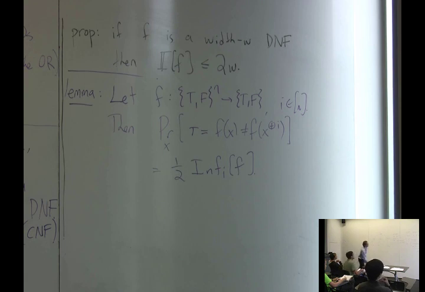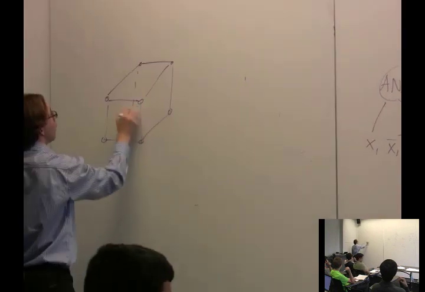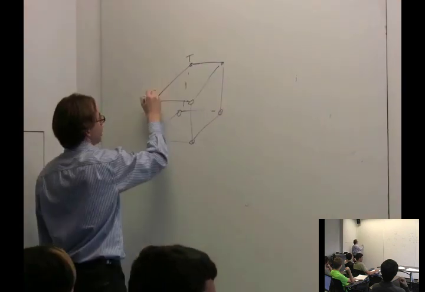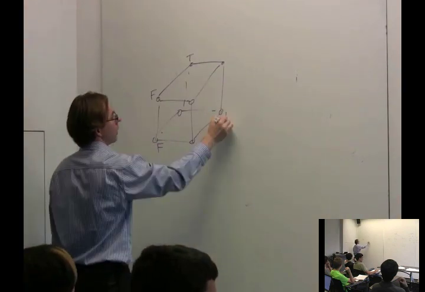Okay, so imagine, to prove this little lemma, imagine the Boolean hypercube sitting out there in space. Okay, and f gives like a true or false label to each of the strings. This is the case n equals 3.